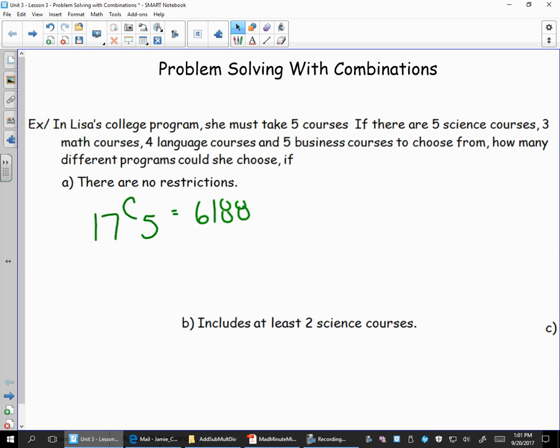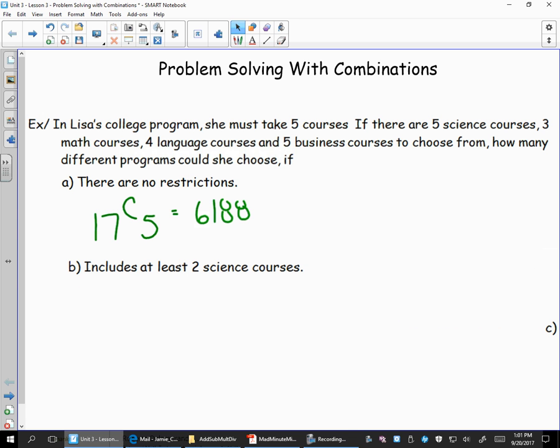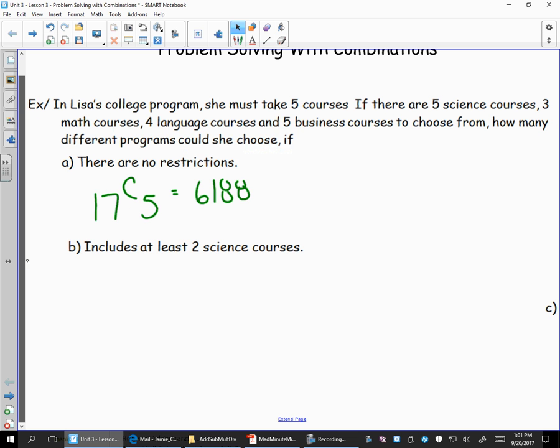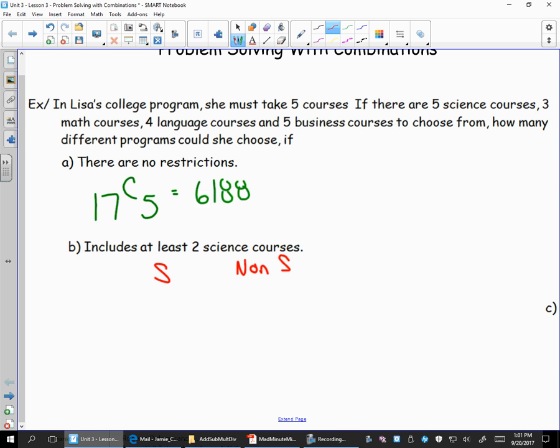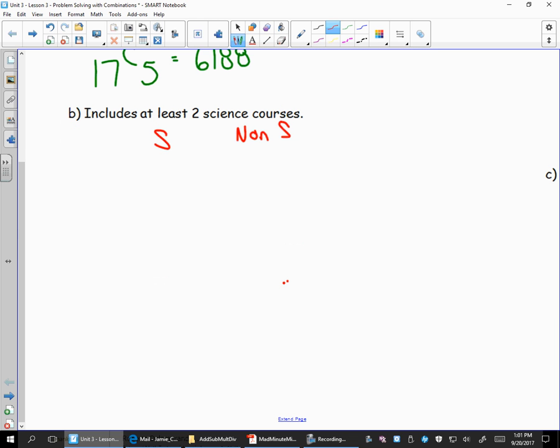If we start adding some restrictions in, so for instance, at least 2 science courses, we're at the idea of making the chart. How many science courses could she take? Well, we have science and non-science, if you will. In terms of science courses, she has to take at least 2.